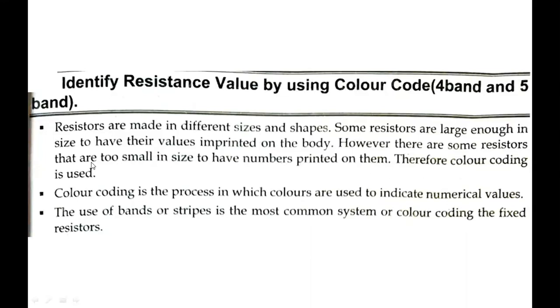Color coding is a process in which colors are used to indicate the numerical values. The use of bands or stripes is the most common system of color coding for the fixed resistors.